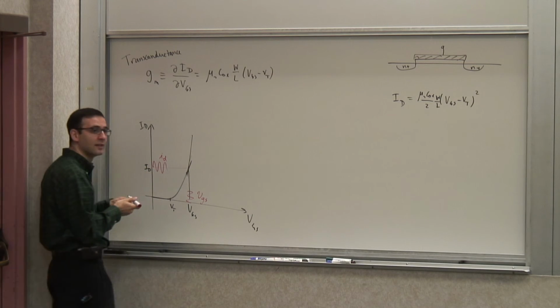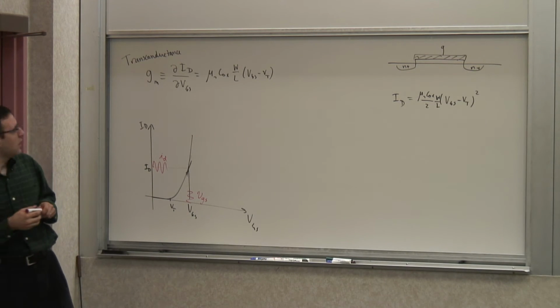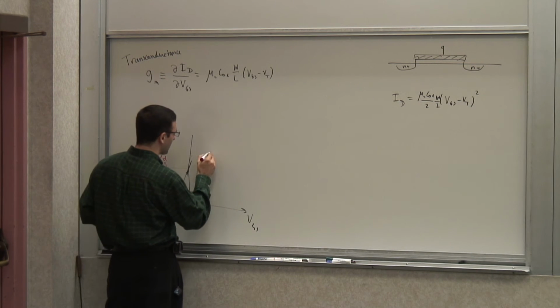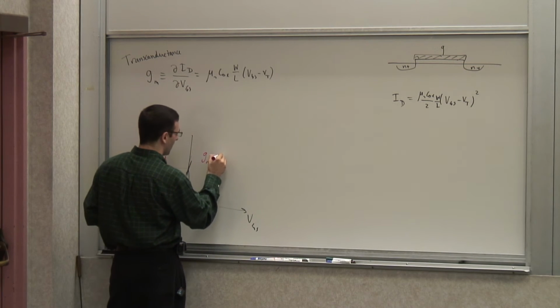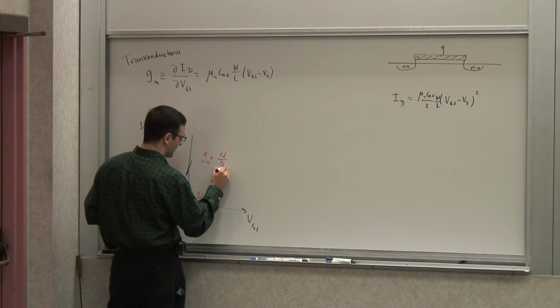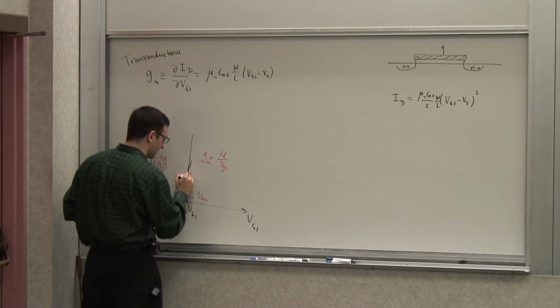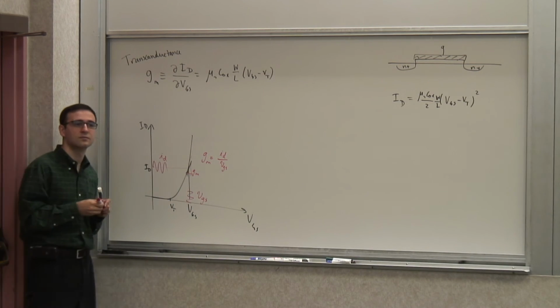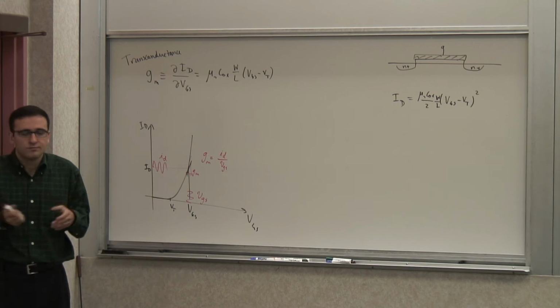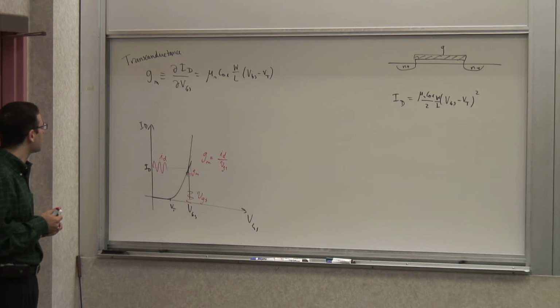In other words, i_d. So this quantity is really nothing but the ratio of i_d over v_gs, which is the slope of this line, as is evident from the derivative.